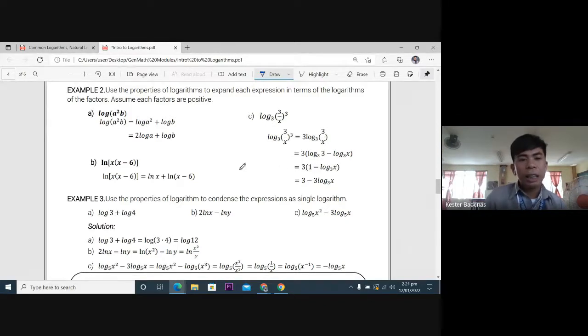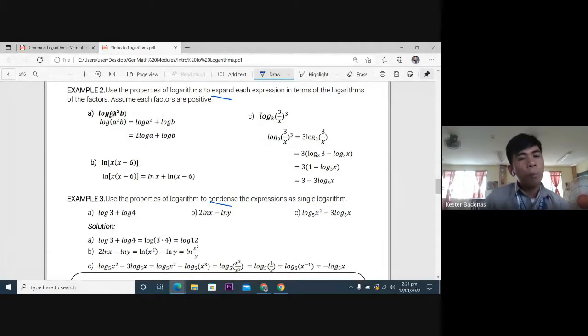Eto na, expand daw. So, we have logarithm of a squared b. Kapag n-expand, apply natin yung mga properties. Ito na class yung tinatawag natin pag-expand sa pag-condense or simplify logarithms. And then, may technique tayo dyan.